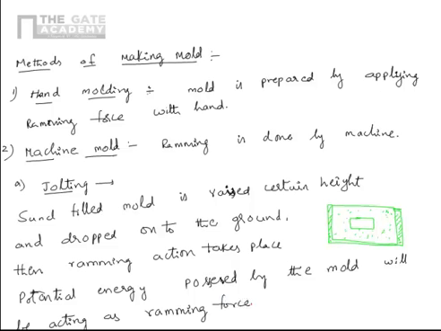Once it drops onto the ground, because of the potential energy, the opposite action takes place: an opposite force will act on the bottom of the sand mold, which compresses the sand.